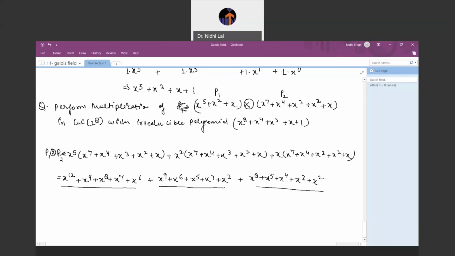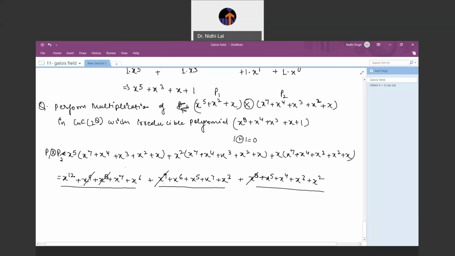Now because these are addition operations, we have to cancel out the common terms, because 1 and 1 equal 0 in XOR, right? So what are the common terms? Is x9 present? Yes, x9 is present in the second term, so we cancel it out. Now x8 is present, yes, so x8 is also cancelled.